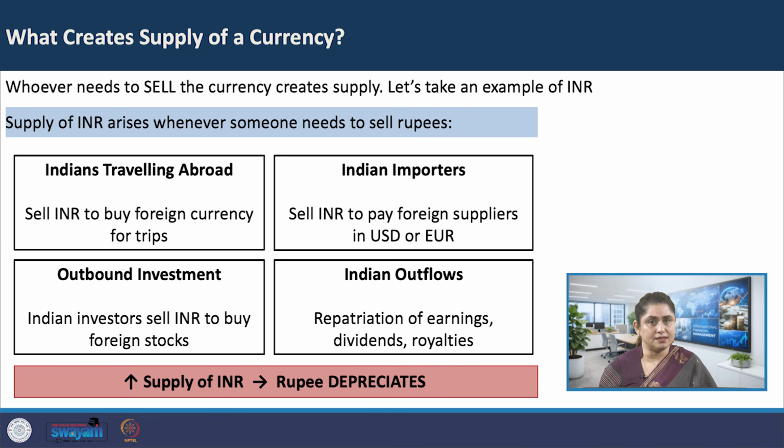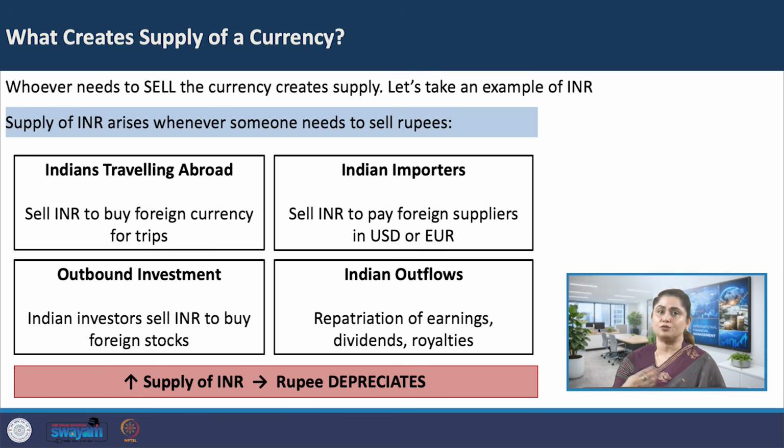What creates supply of a currency? Supply of a currency arises whenever someone needs to sell the currency. Indians traveling abroad need to sell rupees and buy foreign currency. Indian companies importing goods from abroad need to sell rupees and buy dollars or euros to pay their foreign suppliers.